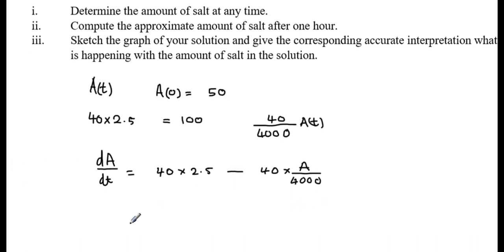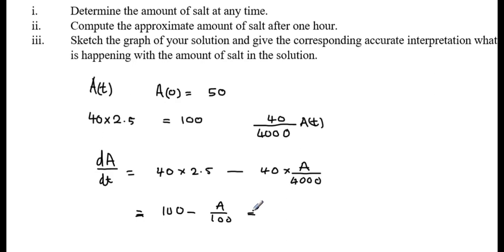Let's simplify this as follows. We saw already that this gives us 100 minus, if we simplify here, I hope you can see that we're going to get A over 100. Simplify the zeros, then you've got 4 there, divide that, you get the denominator by 4, you get 100. So you got here A over 100.